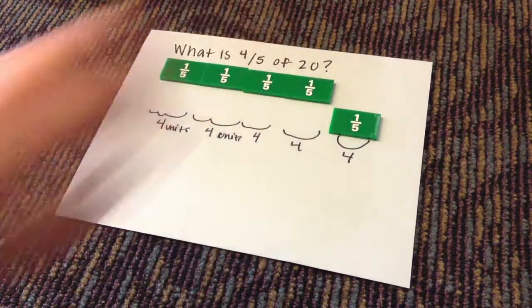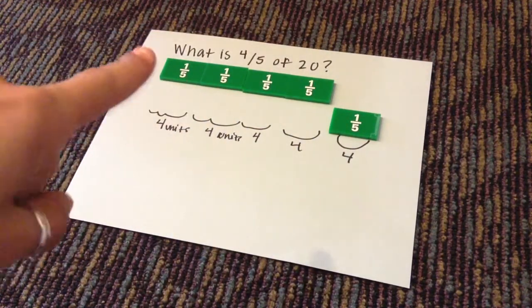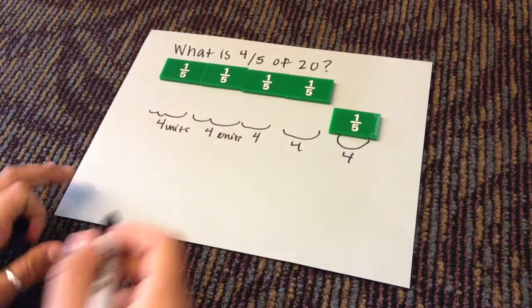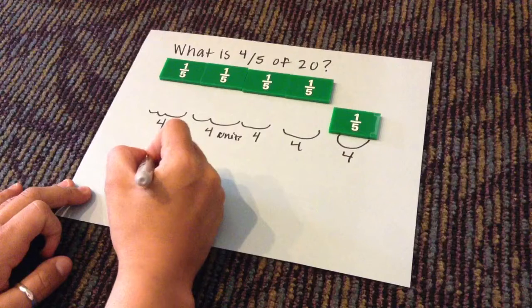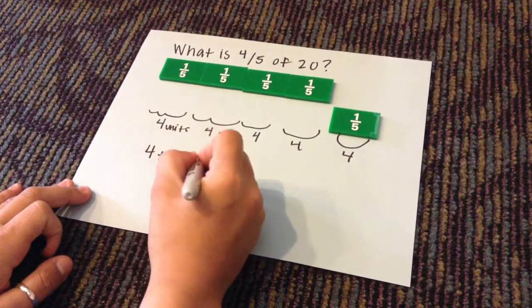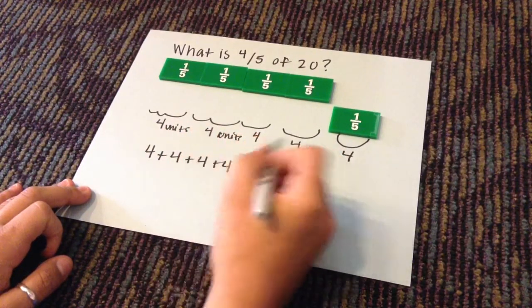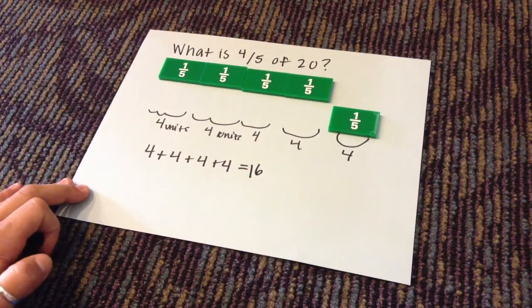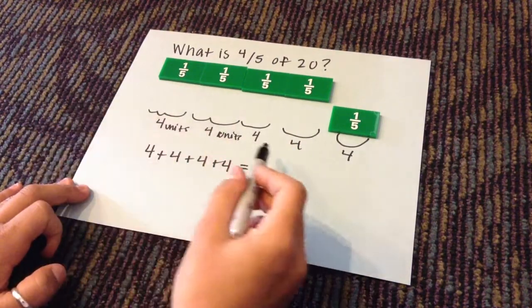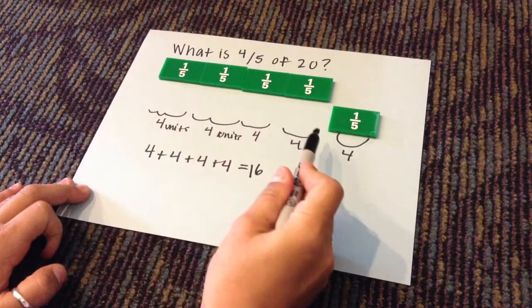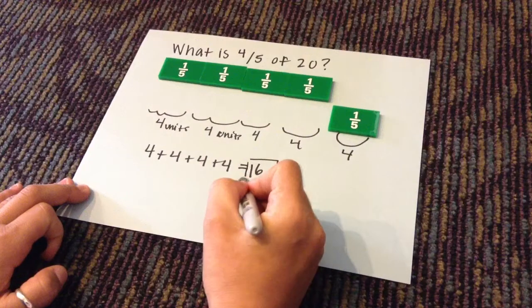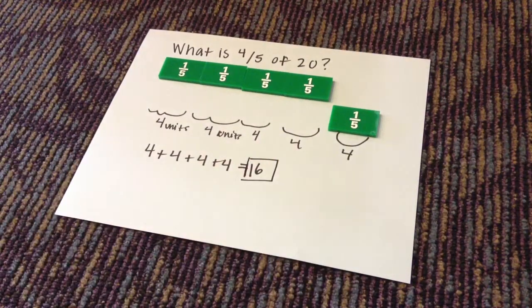So we show that 1/5 plus 1/5 plus 1/5 plus 1/5 is equal to 4/5, which is also the same as what we saw earlier. 4 plus 4 plus 4 plus 4 equals 16. Same answer we saw in the set model. So for this linear model, using a number line or strips, it'll show you the same way that 4/5 of 20 is 16, just like we saw.